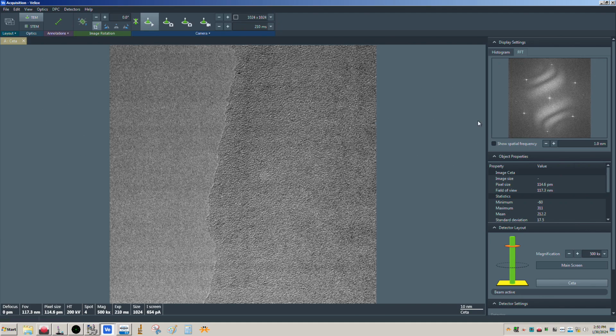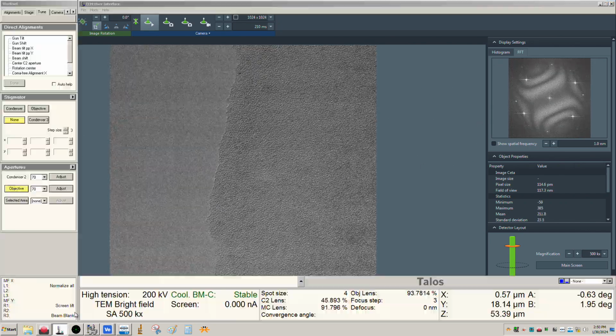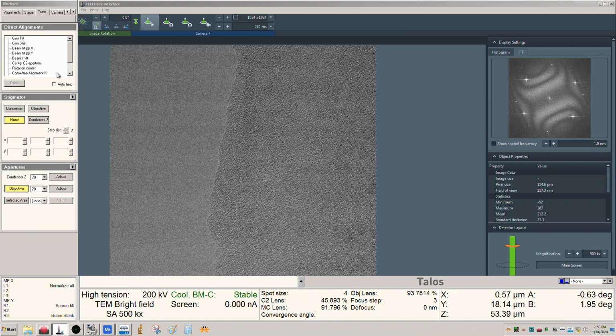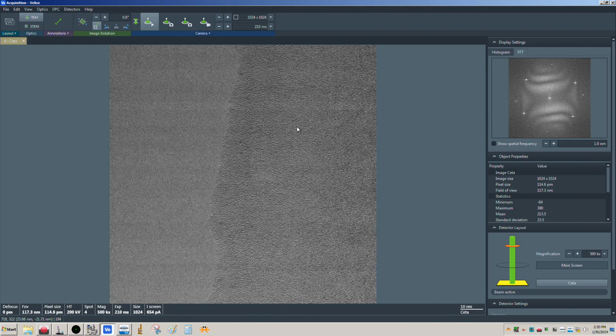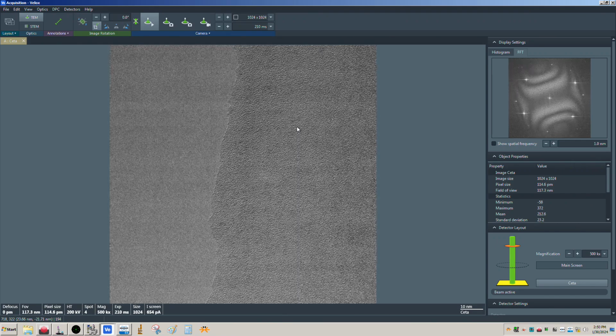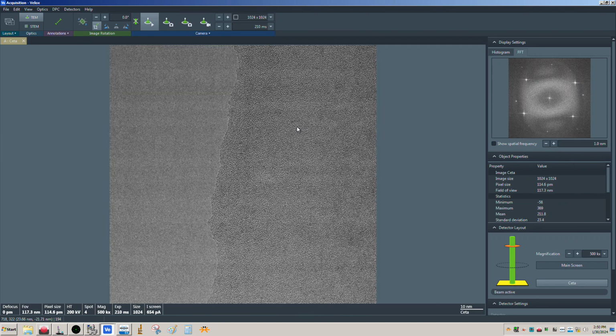All right, so we can see in the FFT, I've got some major twofold astigmatism here. So I'm going to come back here to the Tune tab, find Stigmator Objective, and it'll get us to a nice circle.